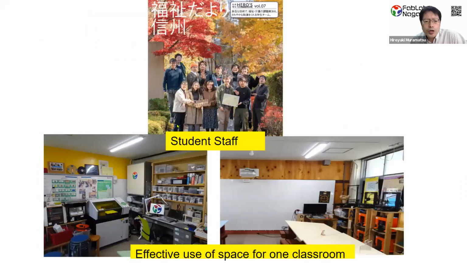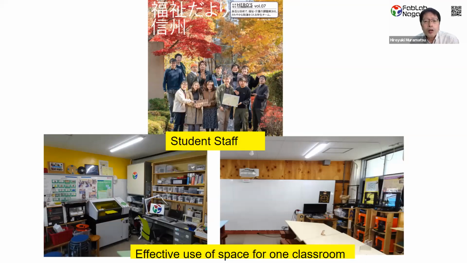The next picture shows our student staff, now about 15 students, mostly undergraduates and some graduate students. Their major is technology education, and they get a teacher's license for junior high school, equal to K-7 to 9.